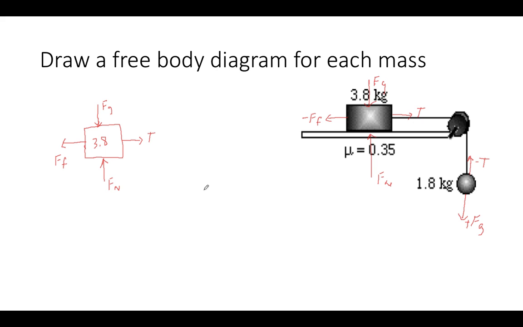And then for the 1.8 kilogram mass, we have two forces, the force of gravity and the tension force. So those are the two free body diagrams and an analysis of all of the forces acting on the system.